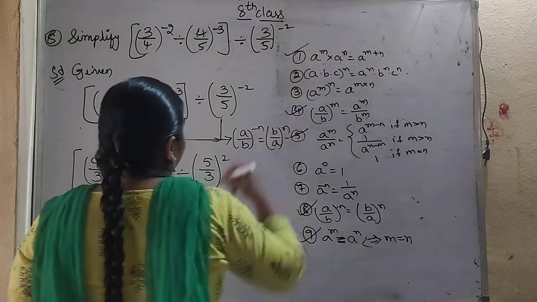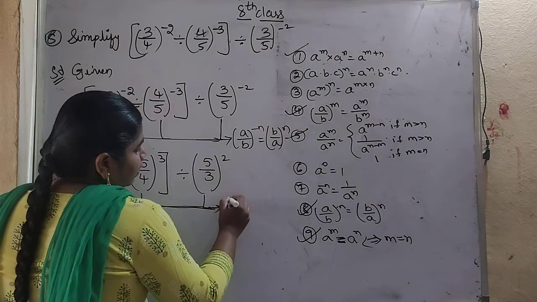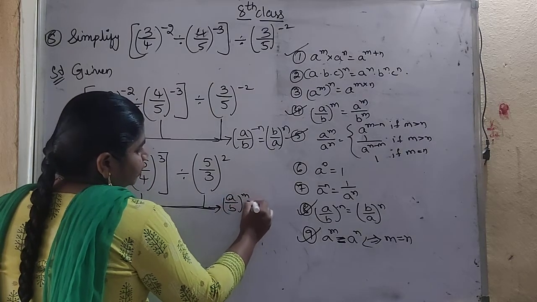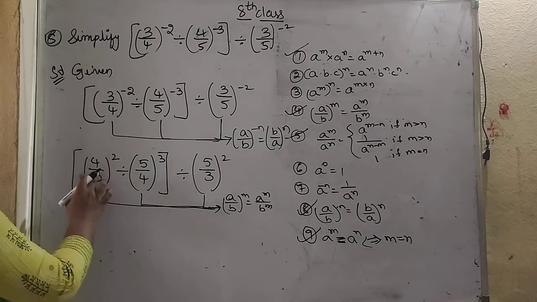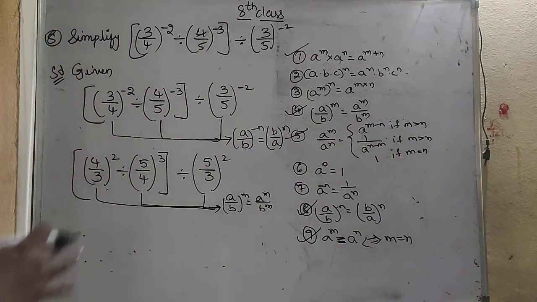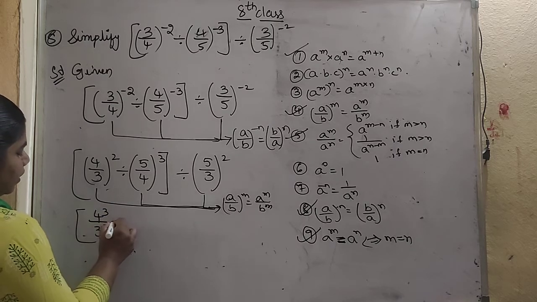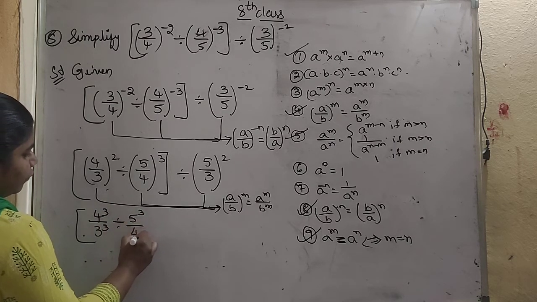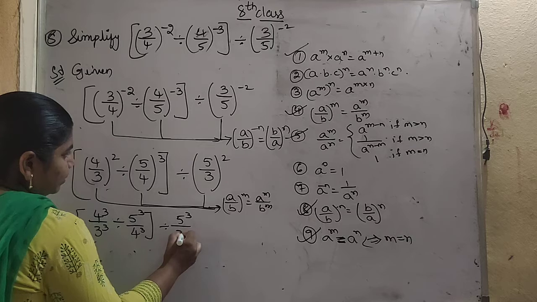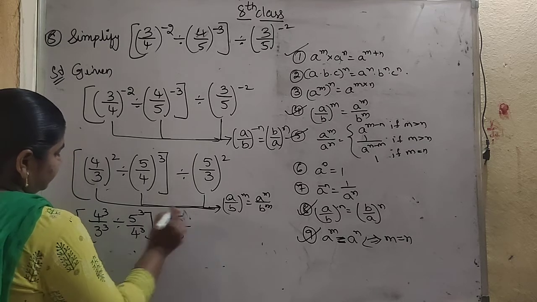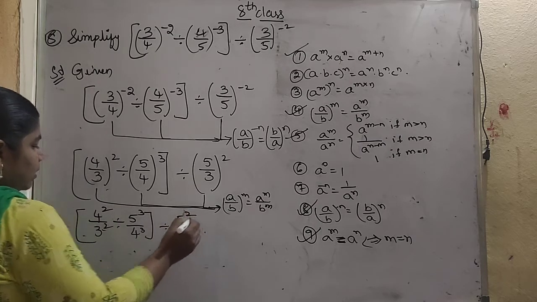I'm using this fourth formula, a by b whole power m is equal to a power m by b power m. So I have to write the fractions with powers separately. So it will be 4 square by 3 square divided by 5 cube by 4 cube divided by 5 square by 3 square.